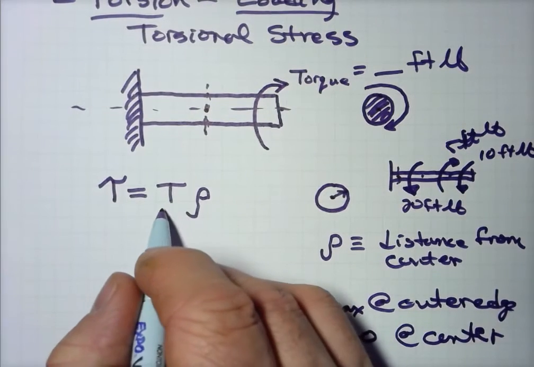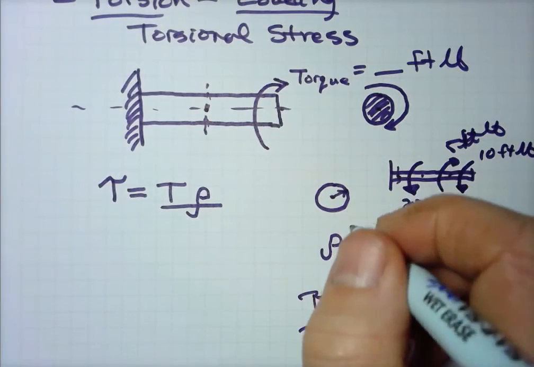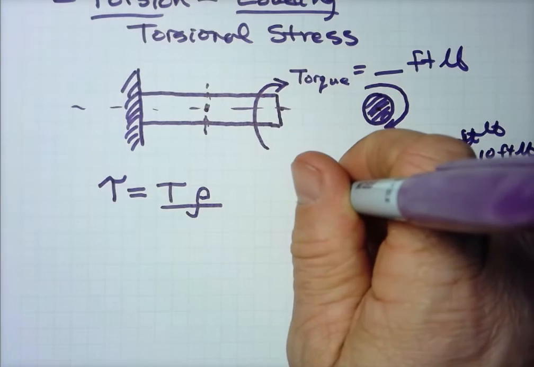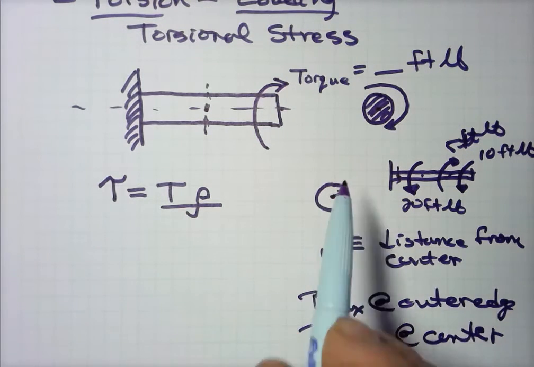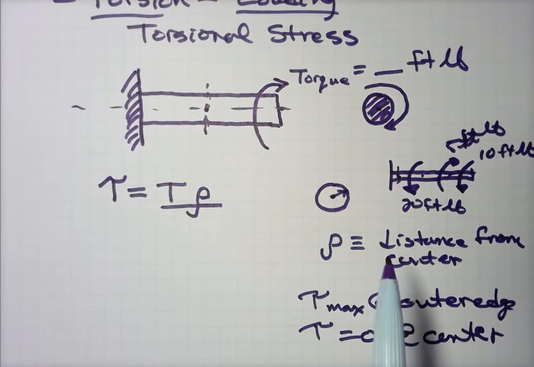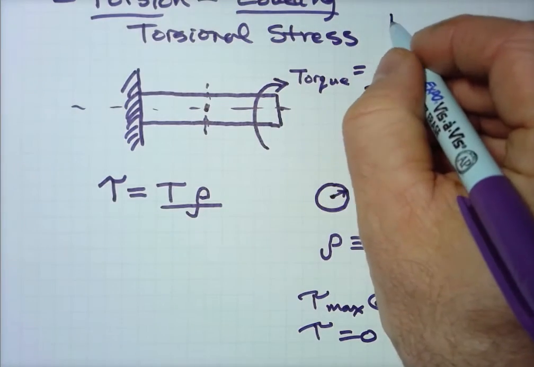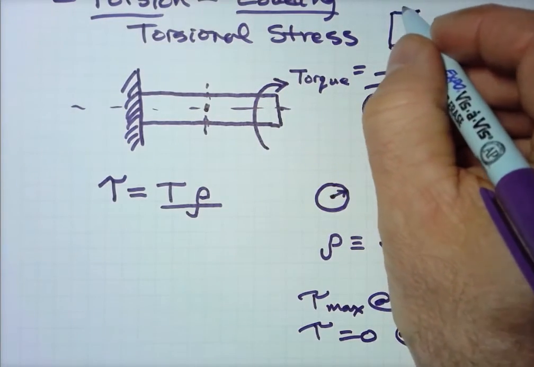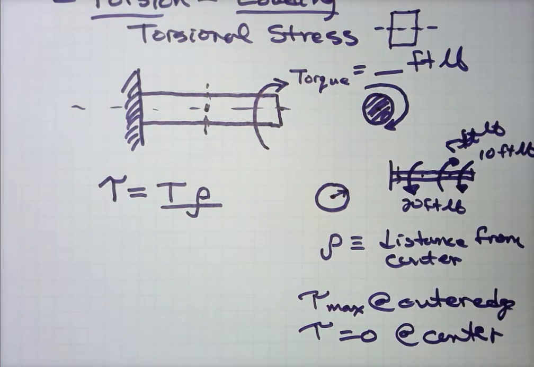There's one more term in the shear stress equation, and that is the moment of inertia. It's the area moment of inertia about the axis that comes out of the cross section. When we were looking at beams that were being bent, we looked at the moment of inertia about the x-axis.